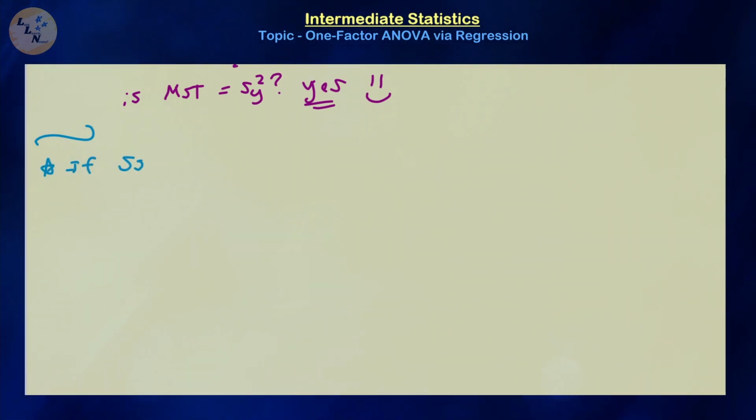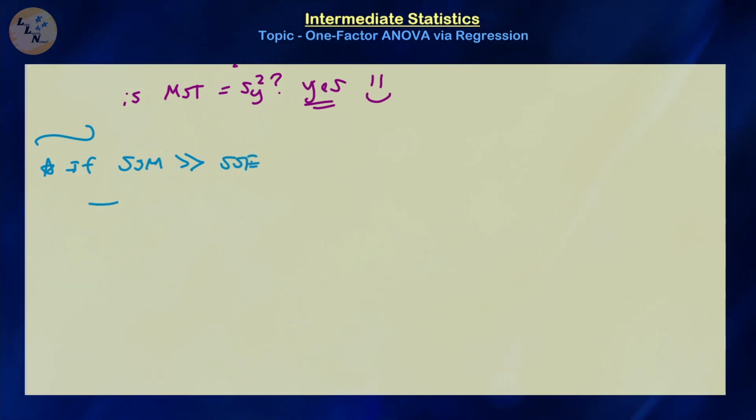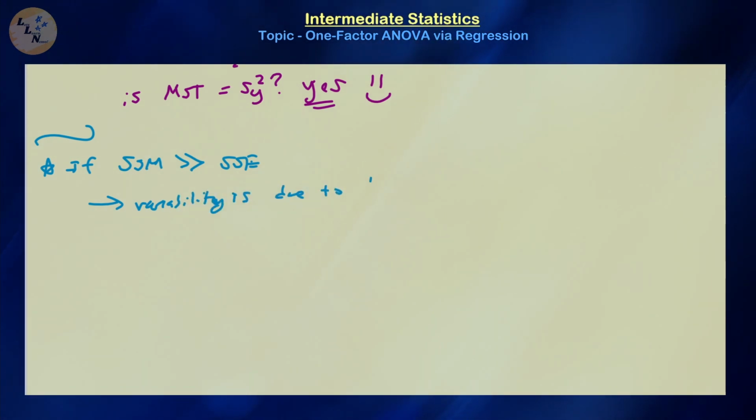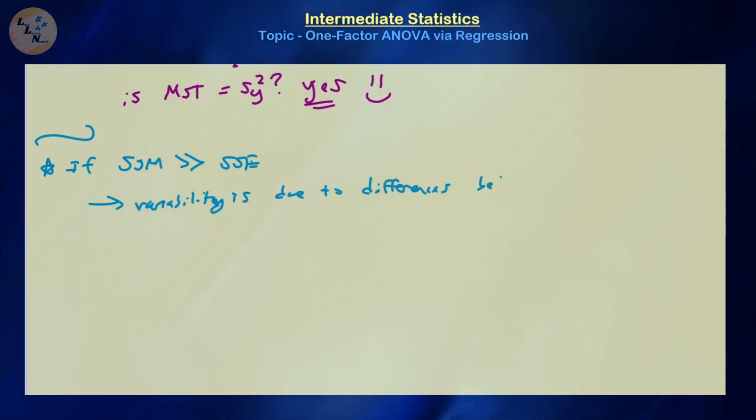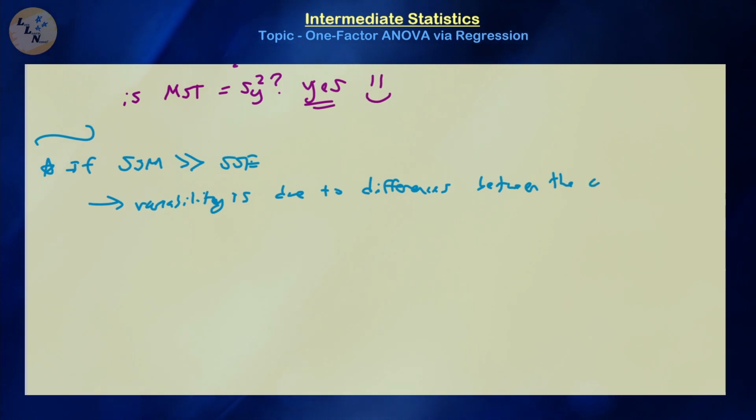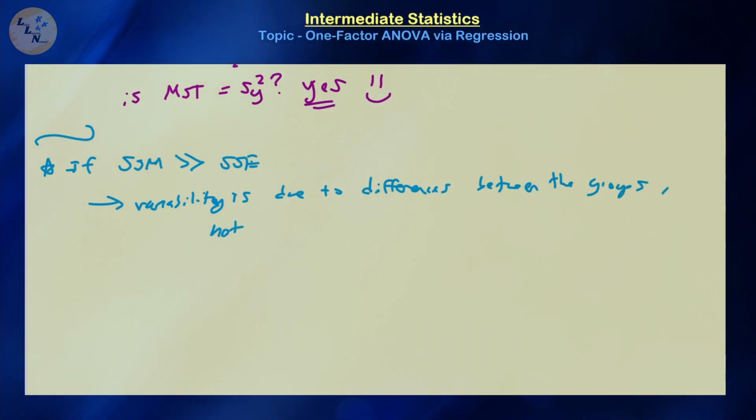If the SSM is significantly greater than the SSE, what does that imply? So that means the variability is due to differences between the groups. Between the groups, not within the groups.